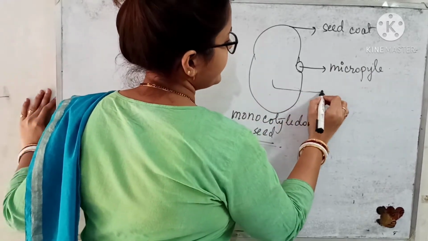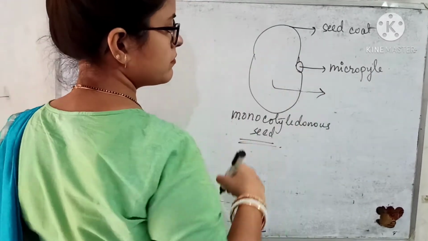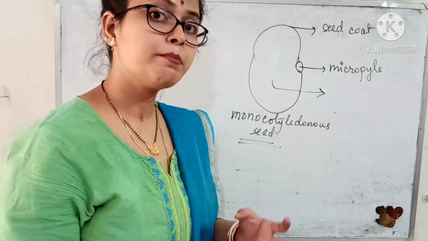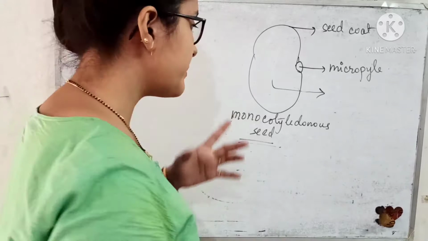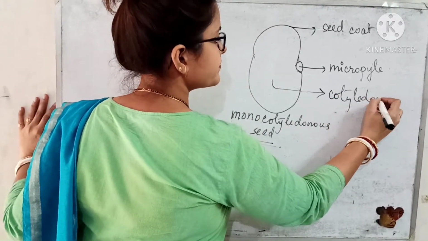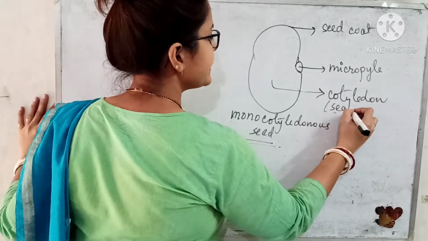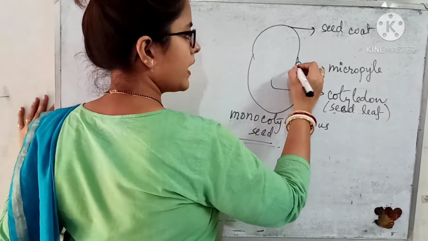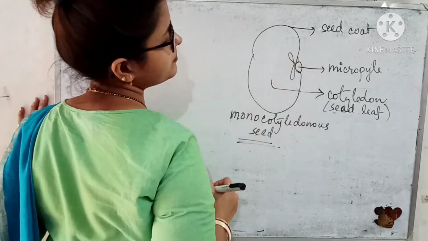Then it has a store of food for the growing baby plant, which is called the cotyledon or the seed leaf. And this is the baby plant.